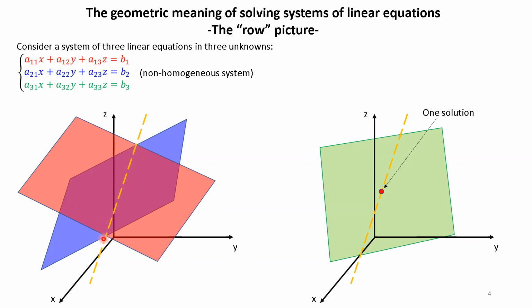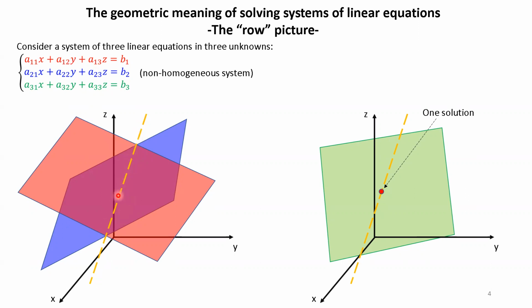This line is an infinitely long straight line that extends across the entire range of the space. So this line gives you the coordinate points that satisfy both the first and the second equation, which means your solution at the end should lie at some point on this line.